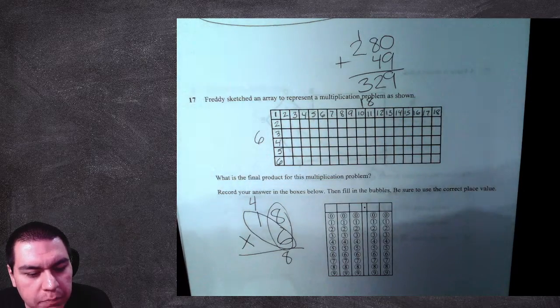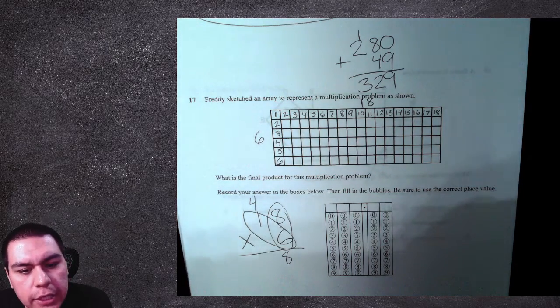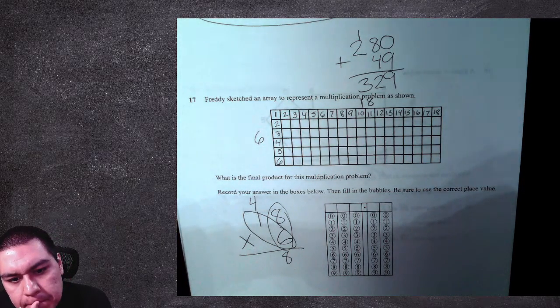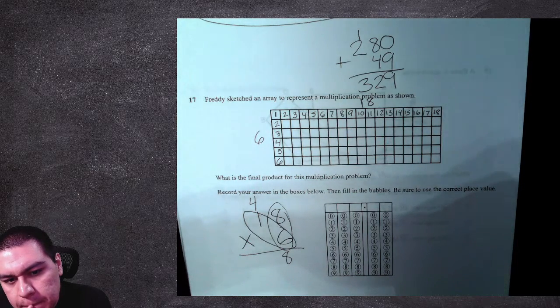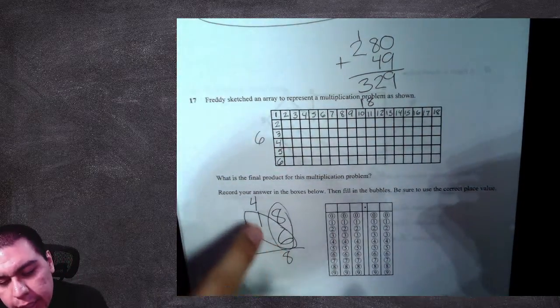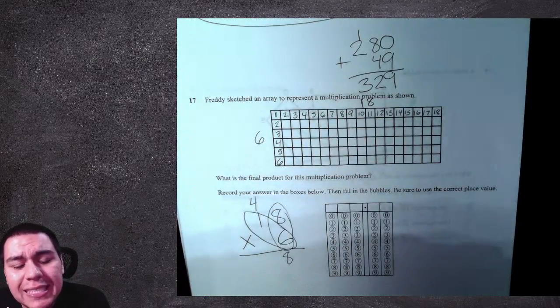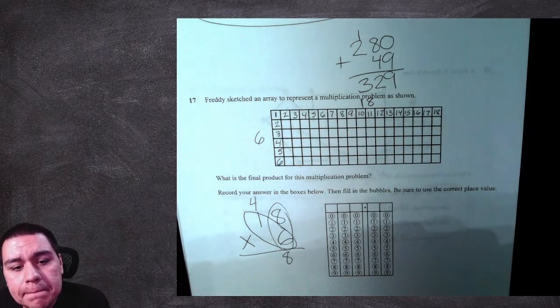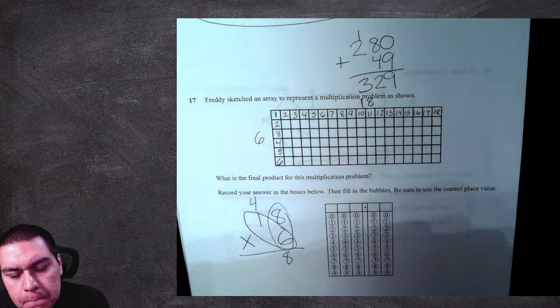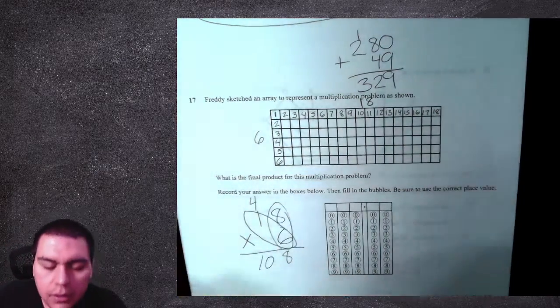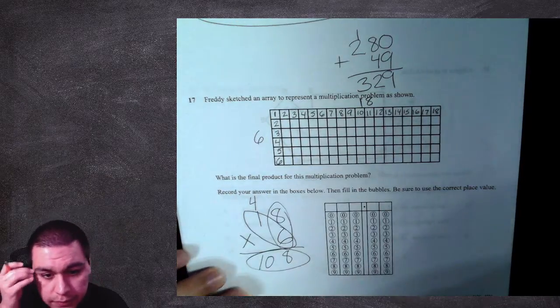What would I get multiplying 6 times 1? Jada. 6. Jada, I also carried over a 4. So what's 6 plus 4? 10. Very good. So my answer is 108.